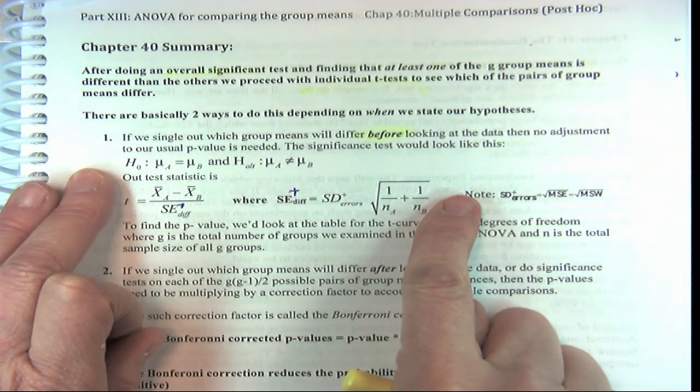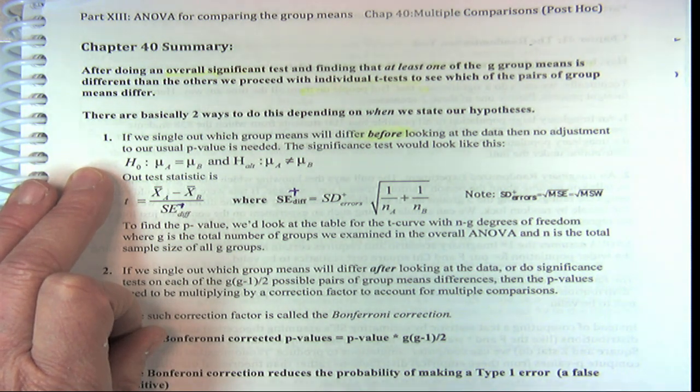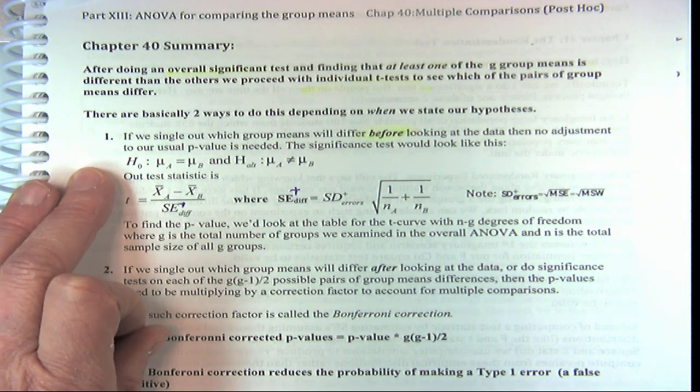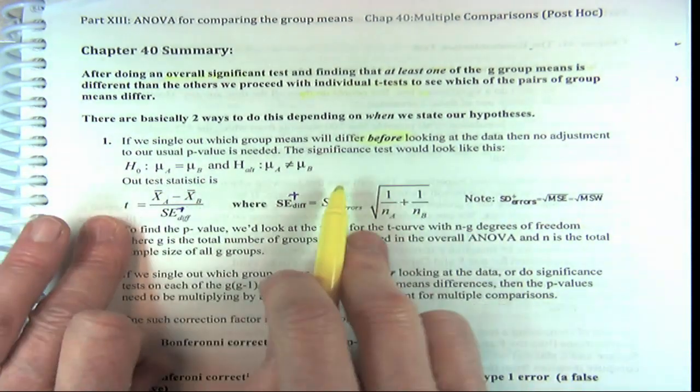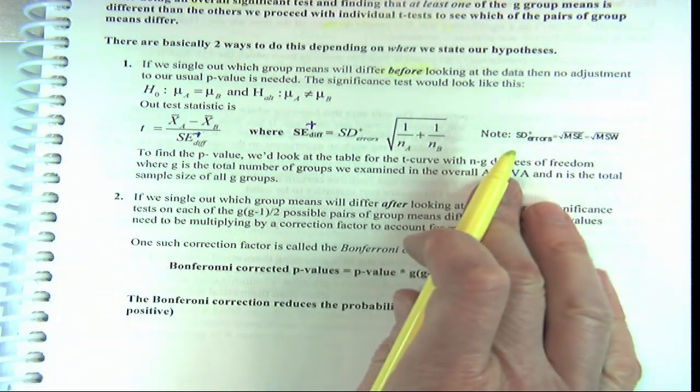Like the next time, now that we know there's a big difference among those two ethnicities, we can make that hypothesis and say that's the one we're looking at, okay? Then we don't have to do any kind of adjustment. We just do a regular t-test.